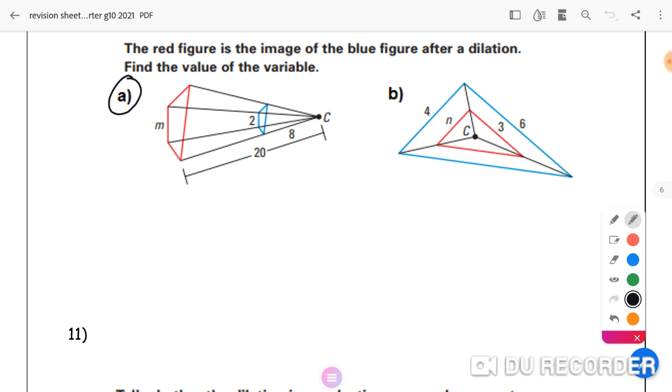So once you have to find out the required, which is M, there's a rule when you're dealing with dilation in order to find out the missing part of a polygon or missing part of a triangle, for example, and also to find out the scale factor. This rule is image over pre-image. This is the scale factor.